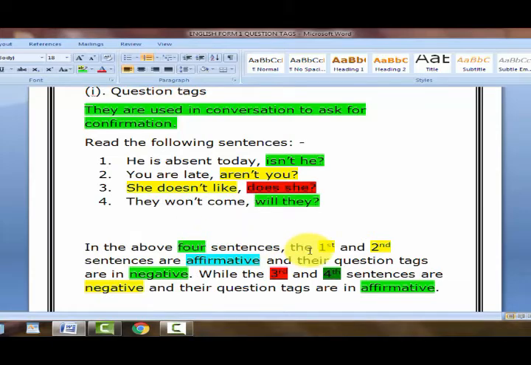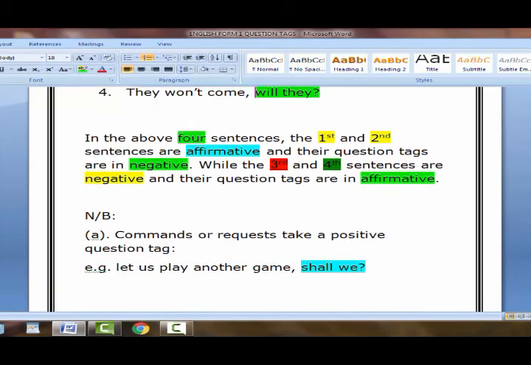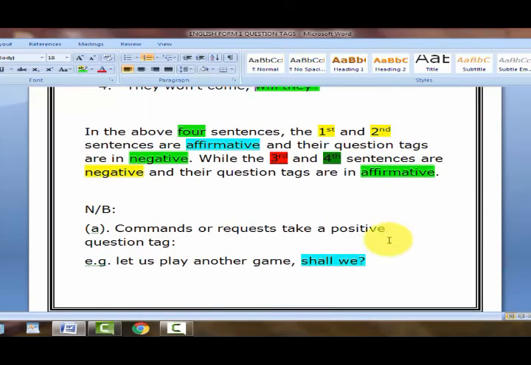Now, whatever I've been talking about is written here below these four practical questions. In the above four statements, the first and the second sentences are affirmative because they are lacking not.